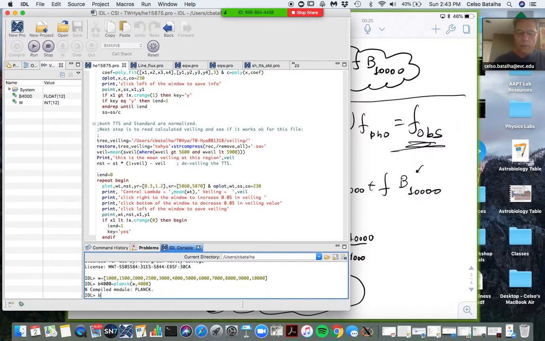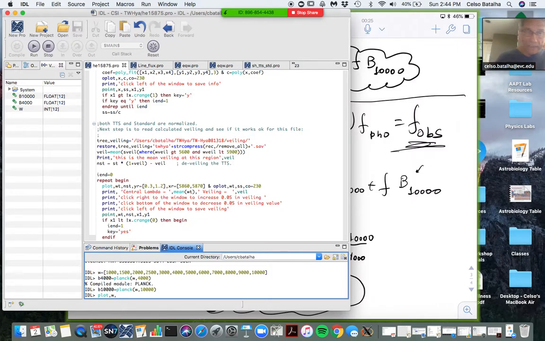And B 10,000 is equal to Planck of W and 10,000. Then we want to plot W and veiling, which is what we have been doing with the measurement of veilings in our data.